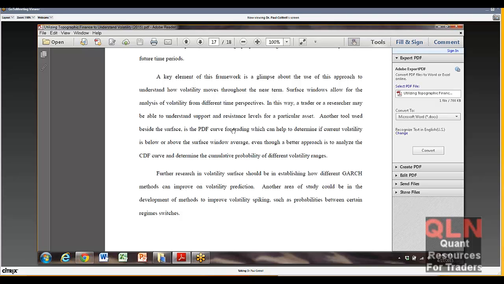And you can utilize CDF functions to get a better understanding of the probability of a particular trade and how you might want to position yourself in the market.